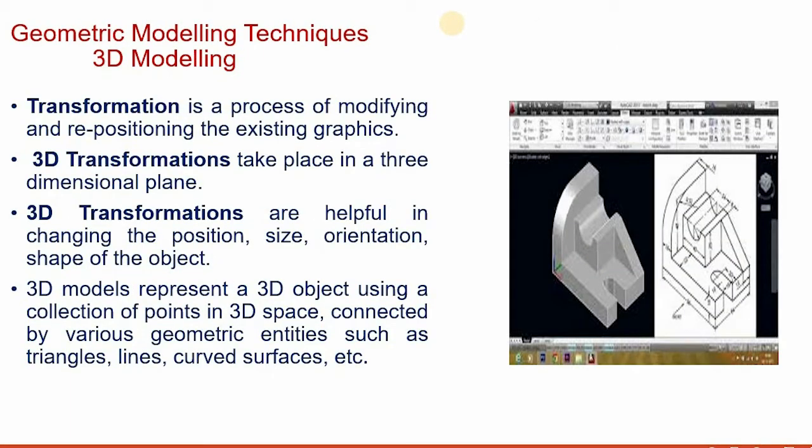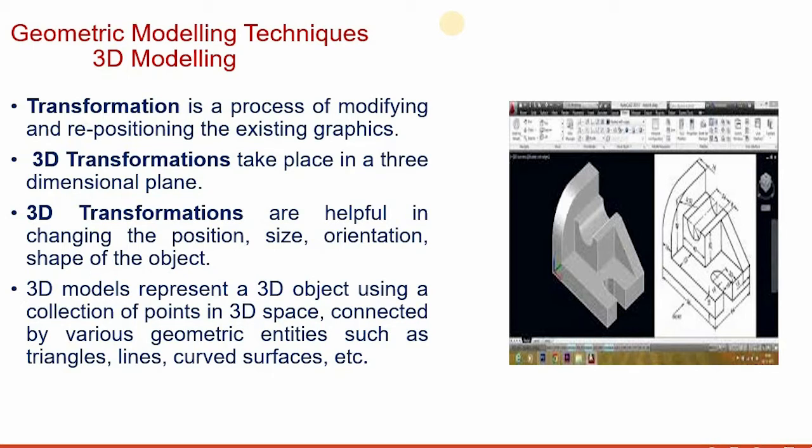In 3D geometrical modeling, 3D modeling is another geometric modeling technique. Basically, transformation is a process of modifying and repositioning existing graphics. The existing images and objects can be modified and repositioned.